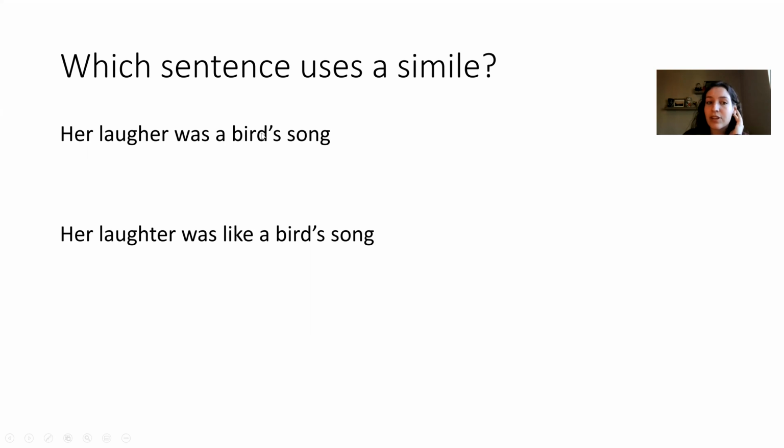So this first one's actually going to be a metaphor, and now this second one is a simile. Her laughter was like a bird's song. This compares laughter with bird's song, and it makes that comparison with the term like. So we know that this second one is a simile.